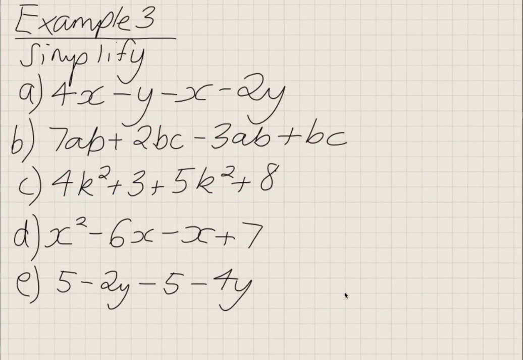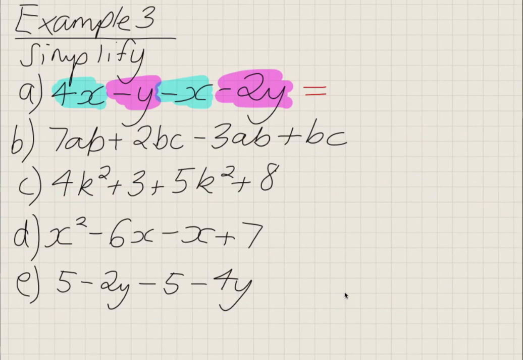Example 3, simplify. Get a highlighter out, highlight the like terms. 4x minus x. So the two x's have exactly the same letter there, they go together. And the minus y minus 2y, those also go together as well.